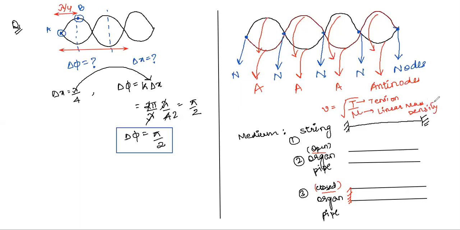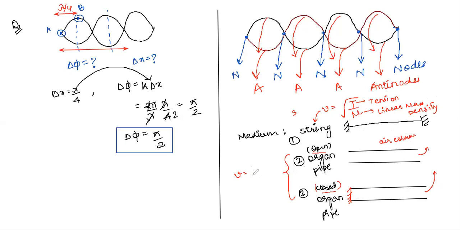Whereas in the organ pipes, the vibrations are taking place in the air column, whereas here it was a string. So in the two cases, 2 and 3, we have an air column which is vibrating. How do we write the speed in air?